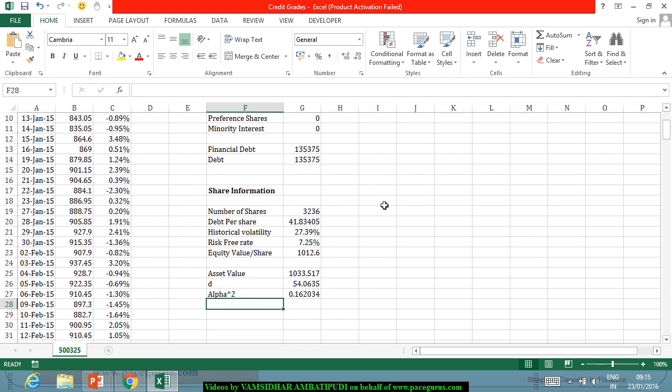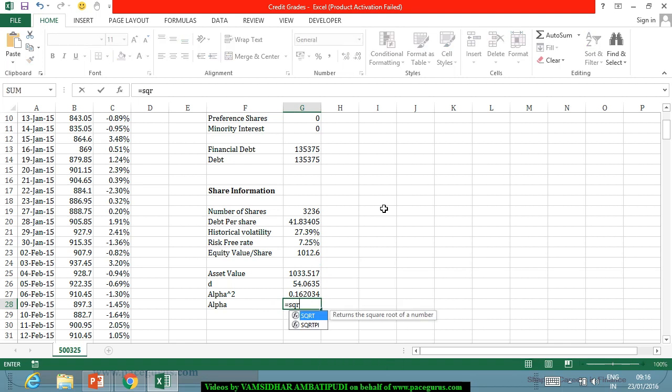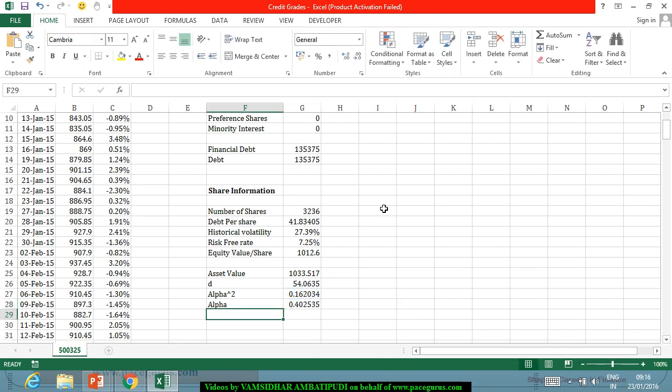Right, from this, if I am getting my alpha, it's nothing but the square root of this. So this is the alpha that I am getting. Now from here I can very well compute the probability of survival, for which also we have a formula.